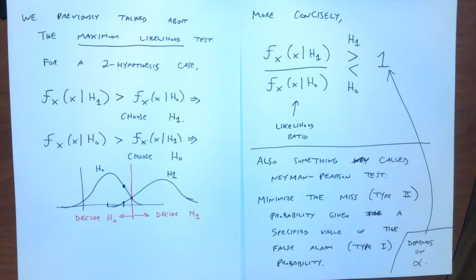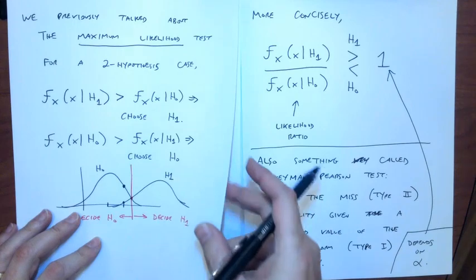I may have big concerns about declaring a healthy patient as sick or a sick patient as healthy, but I may also know, for example, that this disease the patient is being tested for is extremely rare. So I shouldn't be so quick to declare the patient is sick if their tests come back positive, because I know that a priori, it's very unusual for that patient to be sick in the first place, right? So we want to take the prior probabilities of H0 and H1 into account when making our decision, okay?